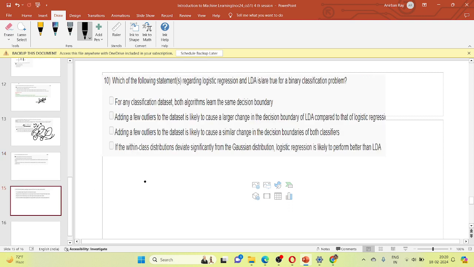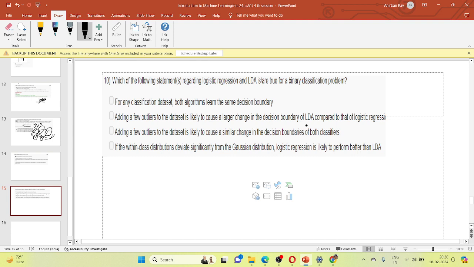Which of the following statements are true for a binary classification problem? This is actually an important concept here, which is not in the videos.